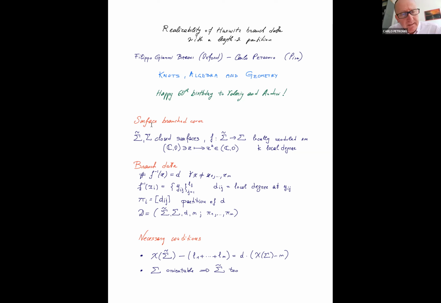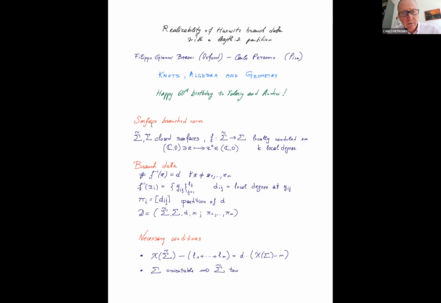If I take the preimages of the ith branching point xi, then I will have a local degree at each of the preimages, and this degree, call it dij, for fixed i and all j's will give a partition of D, because a nearby point is going to be non-branching, and so it's easy to see it's a partition of D.